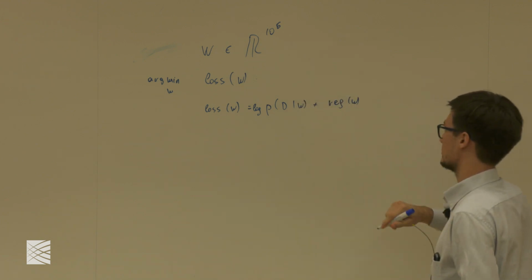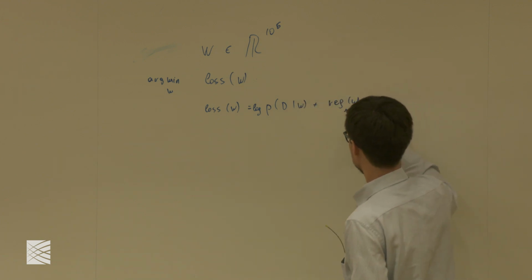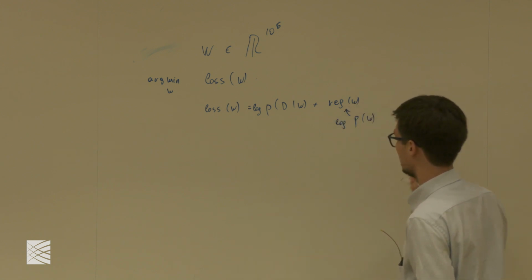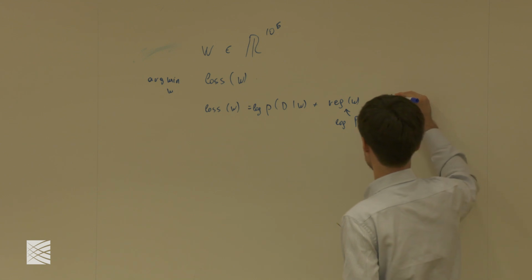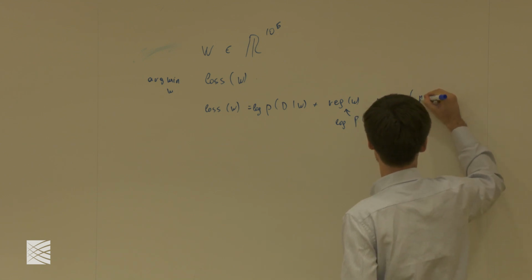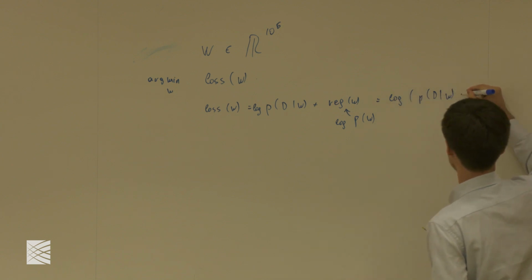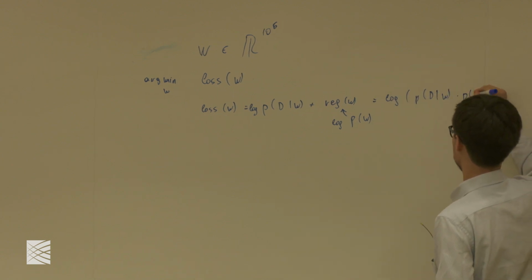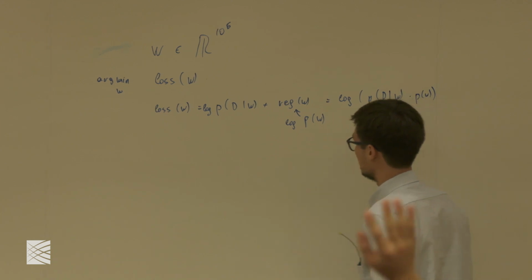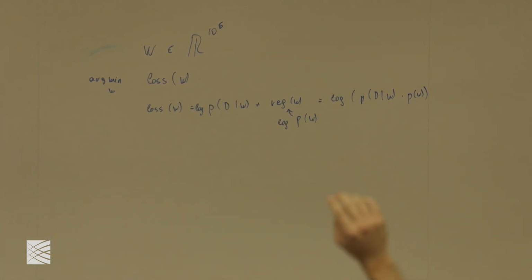And this regularizer you can think of as just the logarithm of a prior on the weights. And then this whole thing becomes just the logarithm of the numerator in the Bayes rule, so the logarithm of the product of the likelihood term and the prior. And this connection is actually really important.